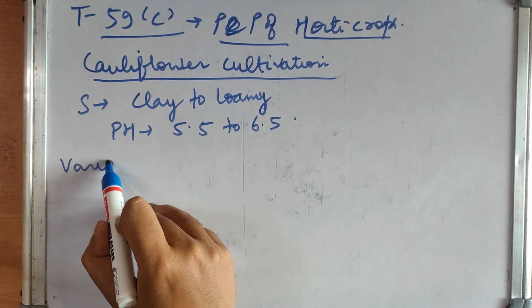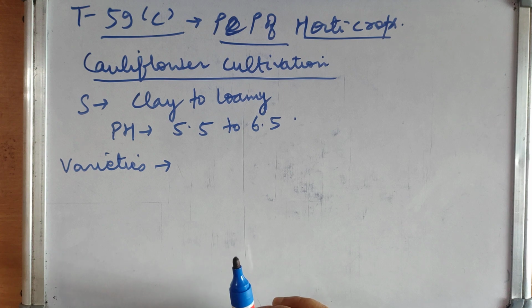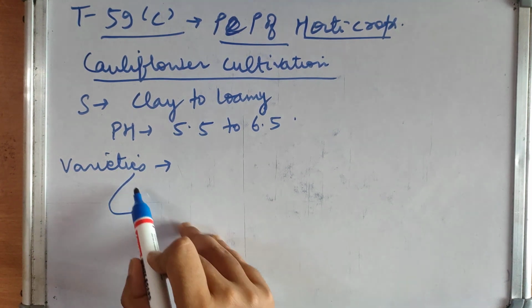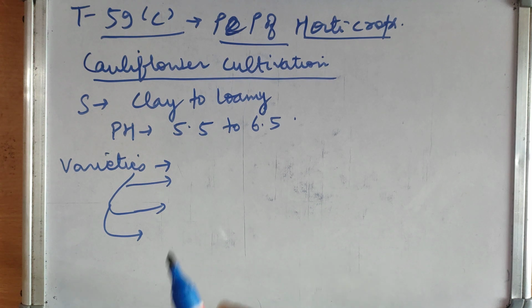Varieties. Some common varieties of cauliflower are, you should divide varieties in three kinds, that is early season, main season, late season.